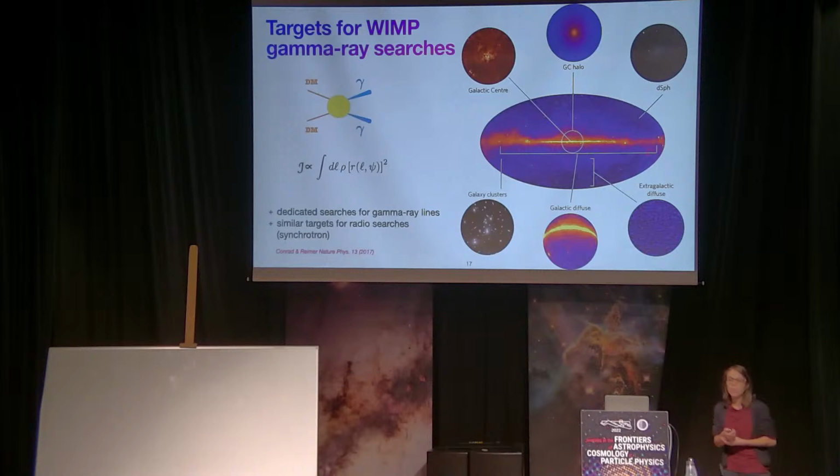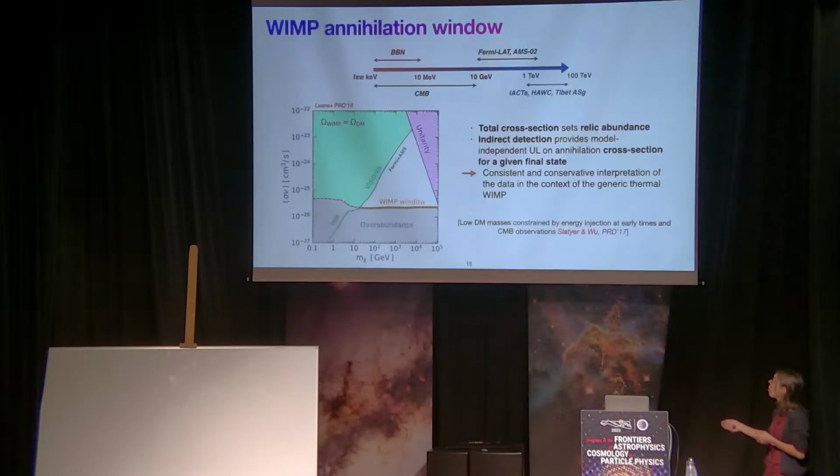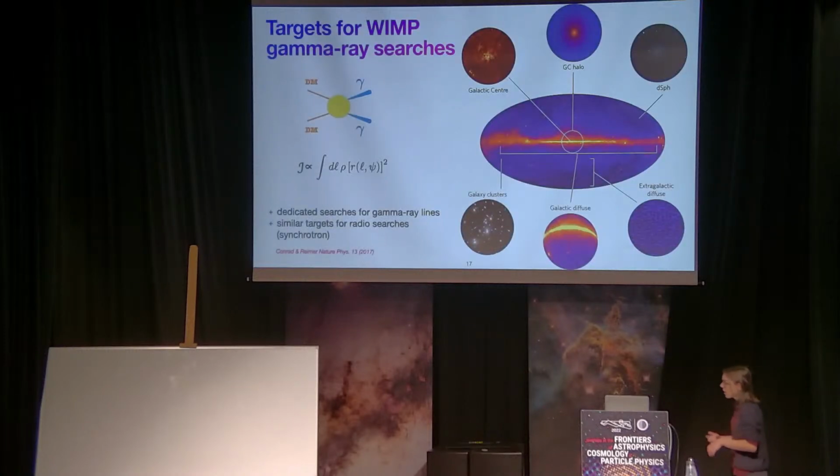But how do we really look for dark matter with gamma rays, and how can we draw this line? Well, the targets for dark matter searches really depend on the one hand on the signal expectation. So you want your signal to be the brightest in order to improve your sensitivity, but you also want the astrophysical background to be the lowest in order not to contaminate your signal too much.